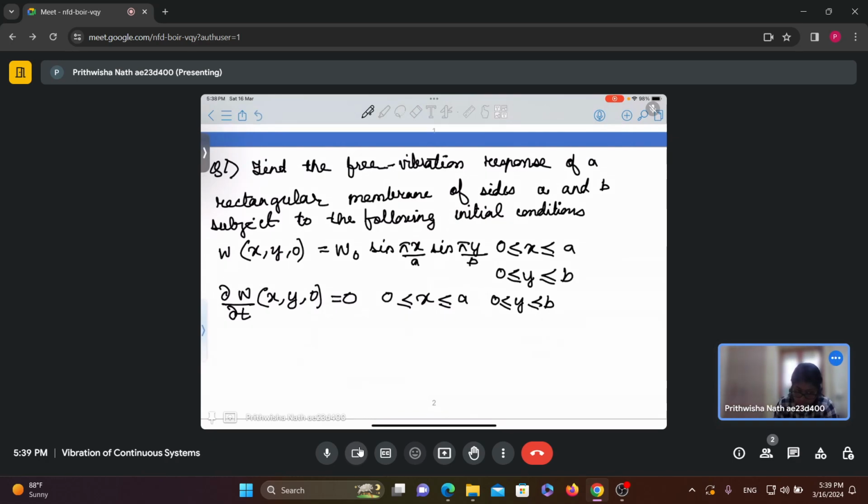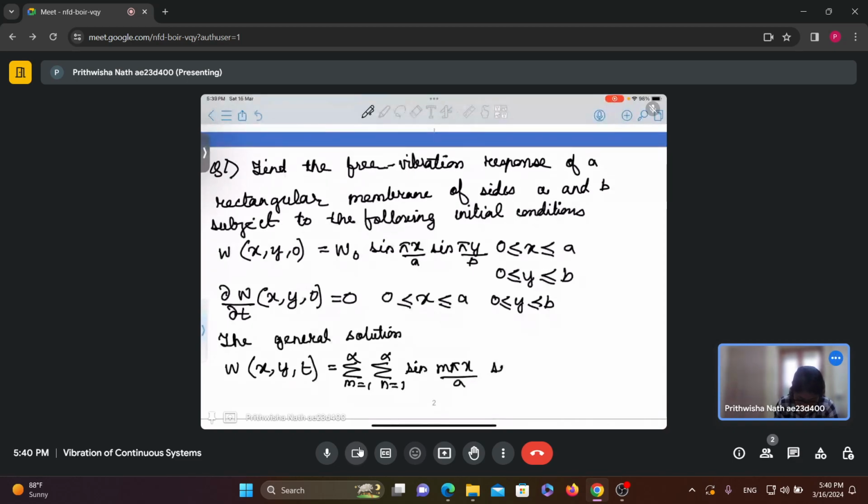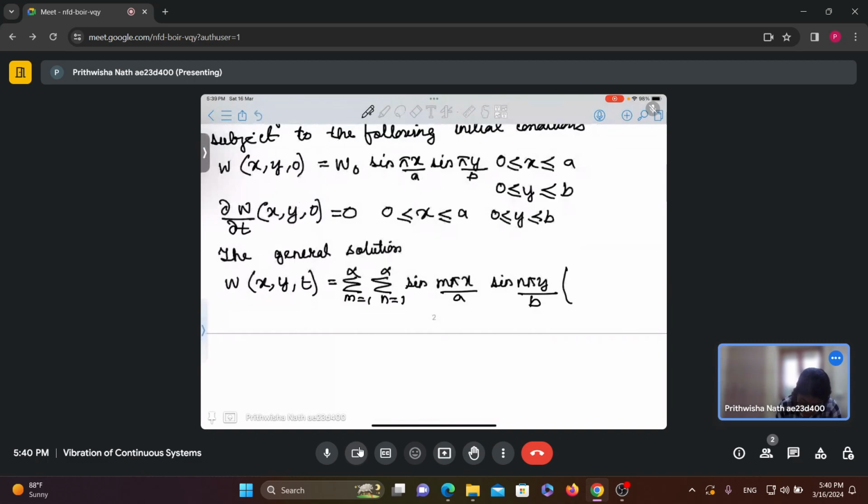So we can write the general solution, sine of m pi x by A sine n pi y by B, into A_mn cos omega_mn t plus B_mn sine omega_mn t.